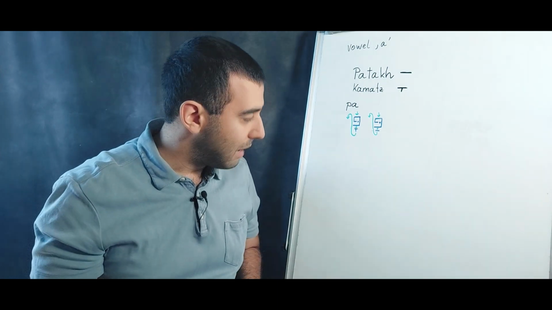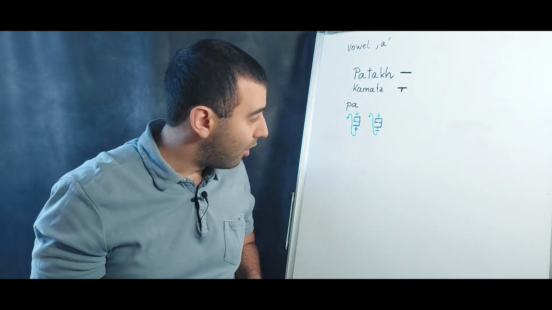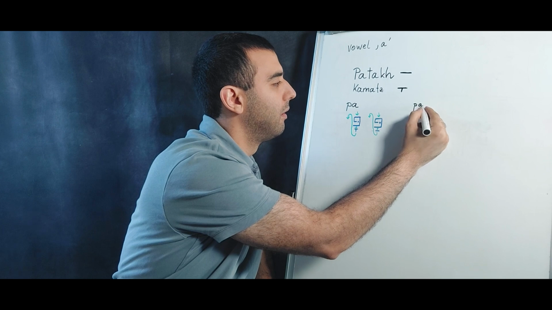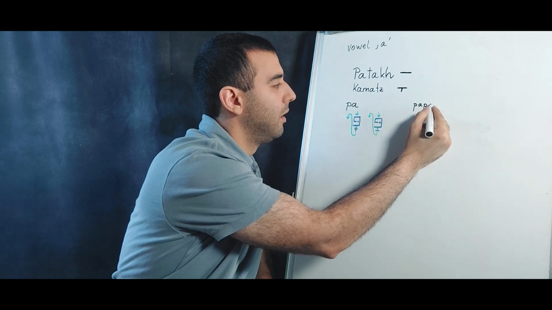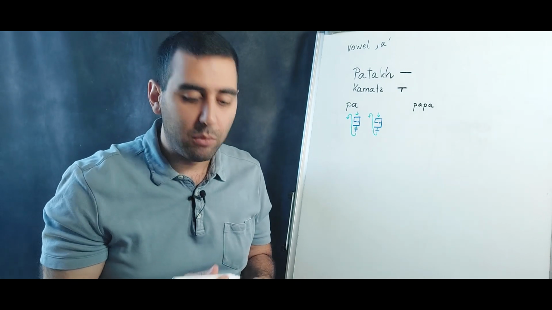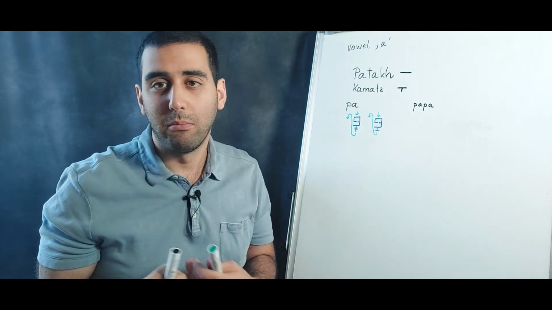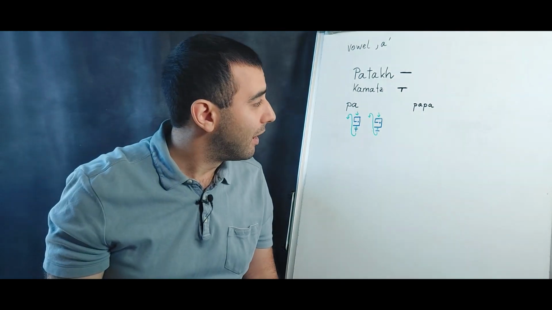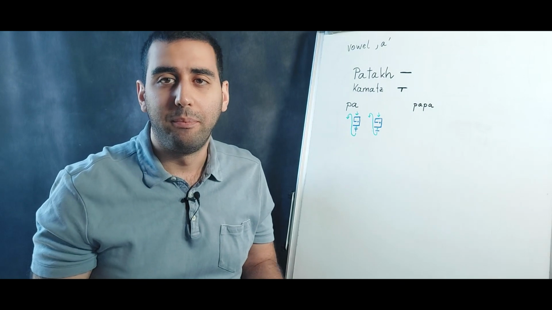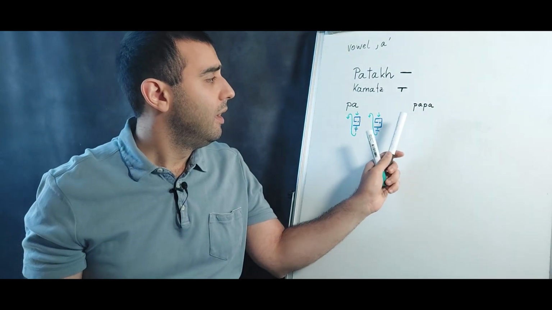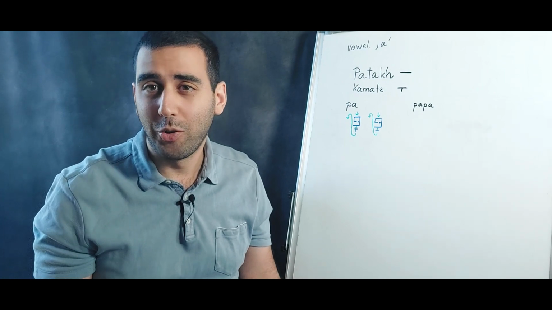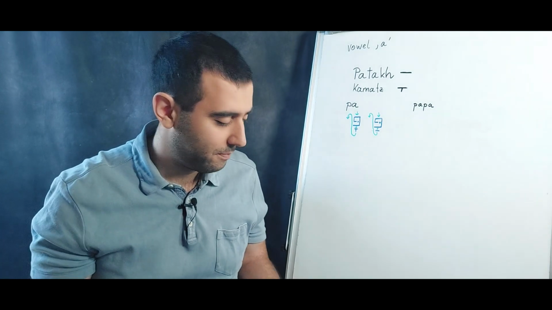Let's continue this example and make it a little bit longer. What about when I want to say papa? Papa actually means dad in many languages, also in German, which is my mother tongue. So papa would be dad in English. How do you write papa in Hebrew? Let's try it out with our knowledge that we have.